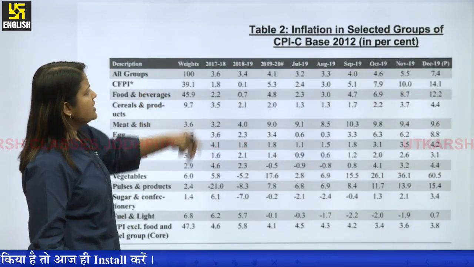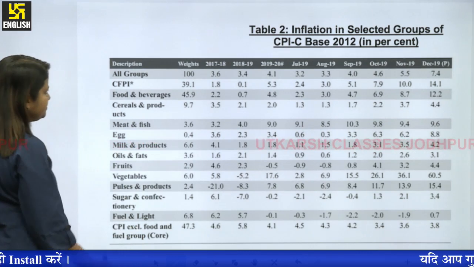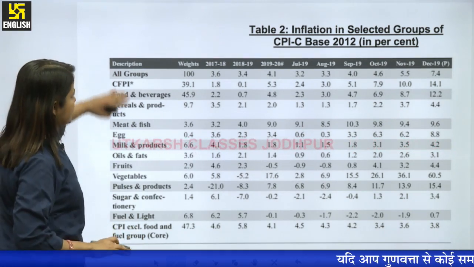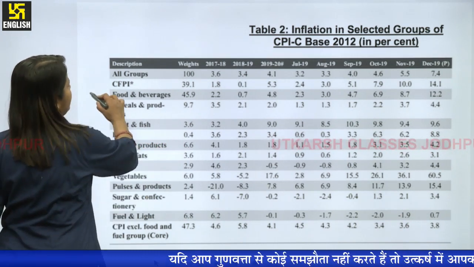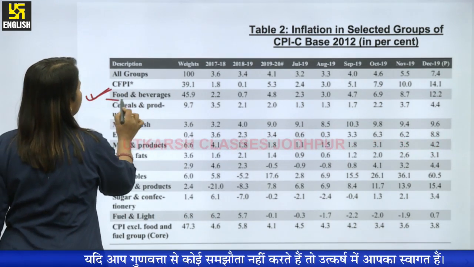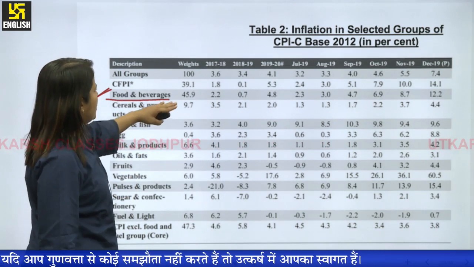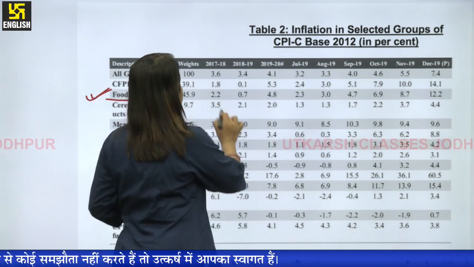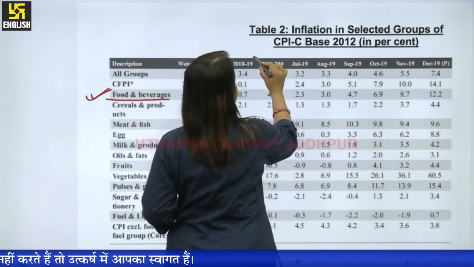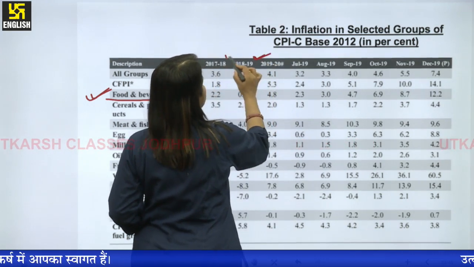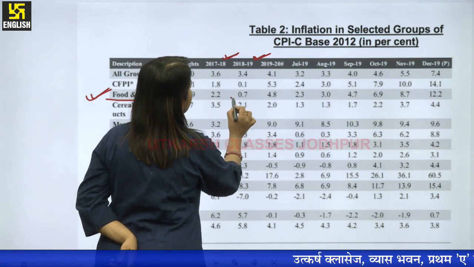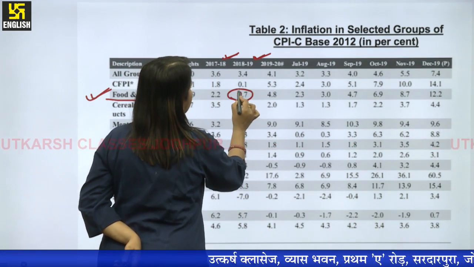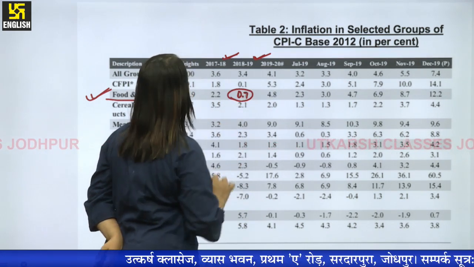Now, inflation in selected groups. When we measure the data of different groups, we see food and beverages, measured from 2018-19 to 2019-20.